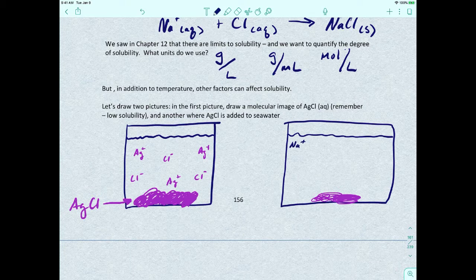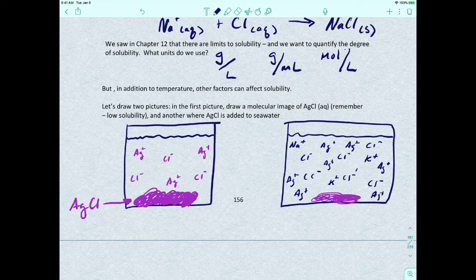Now, you're also going to have sodium, you're going to have potassium ions, but you're going to have a whole ton of chloride ions. And that means you're going to have a whole lot of silver ions as well. Now, why is this happening?